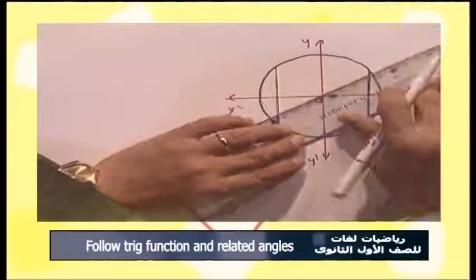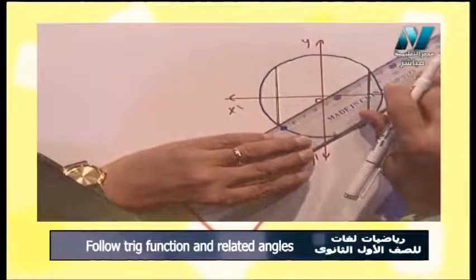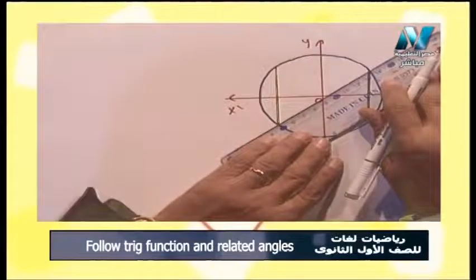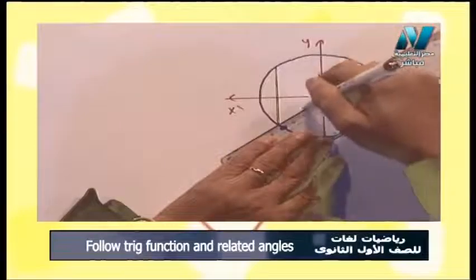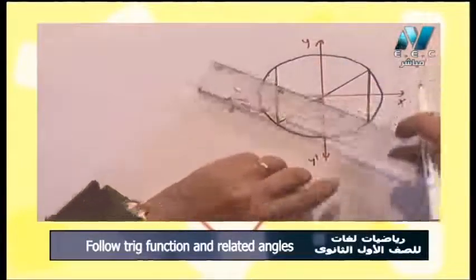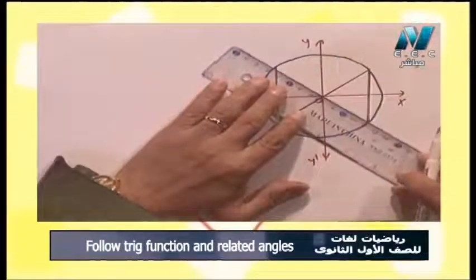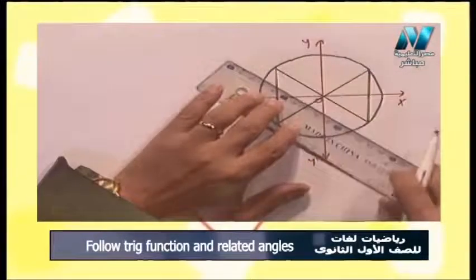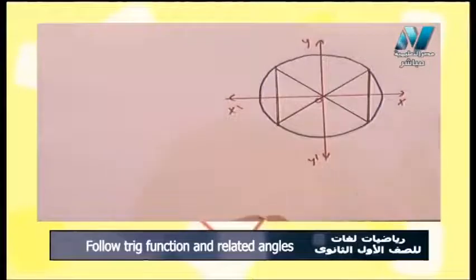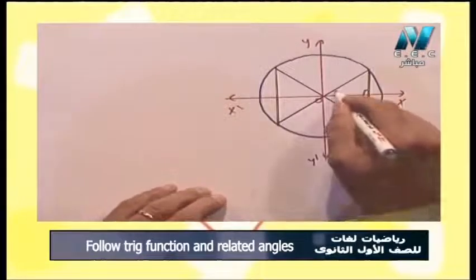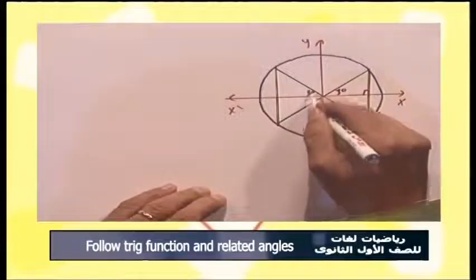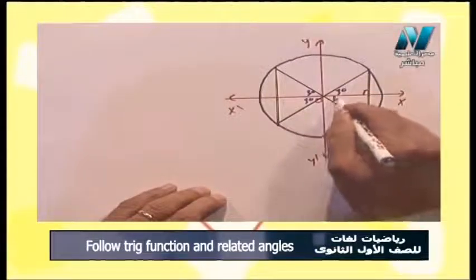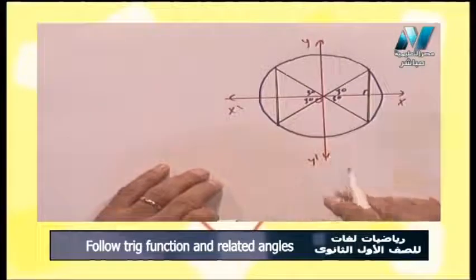We have this line passing through the origin point, and this one also passing through the origin point. Okay, this is the right angle triangle. This is 30 degrees, all of them 30. It's a simple angle to understand the rules well.